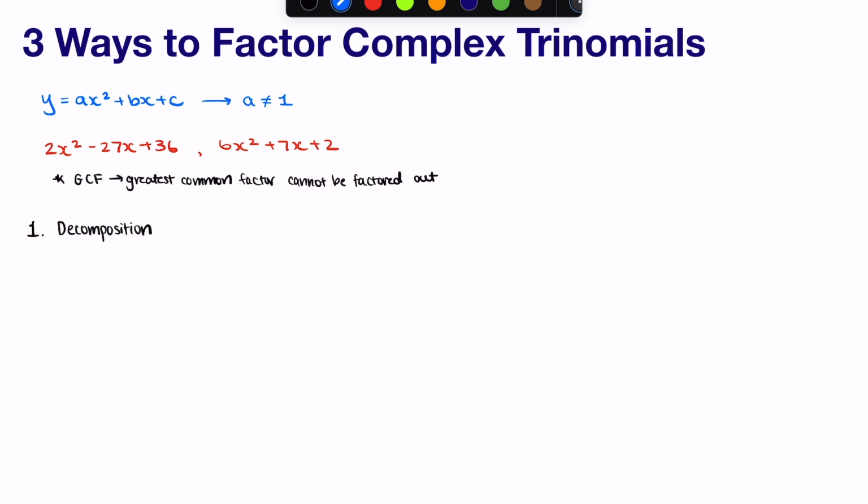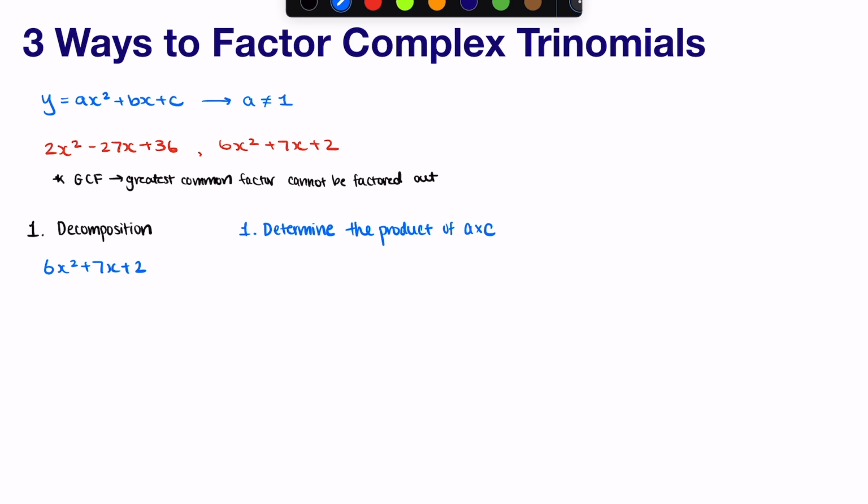Here, if we have 6x squared plus 7x plus 2, the example that we wrote up top, the first step is to determine the product of A times C.